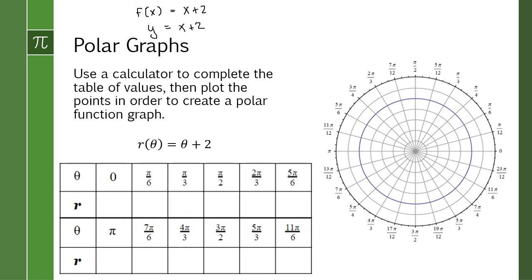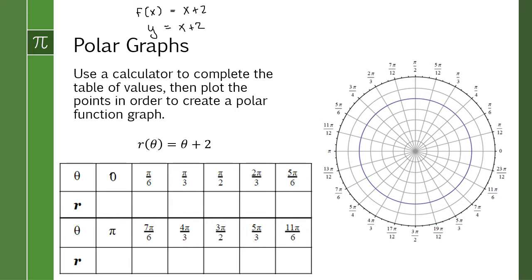But in polar coordinates, let's see what happens when the radius varies with the angle that we are graphing. So the first part is just plugging a bunch of numbers into the calculator and seeing what we get out. We are not going to be able to graph these with a lot of super precise decimals, so I'm just going to round my answers to 1 decimal place.